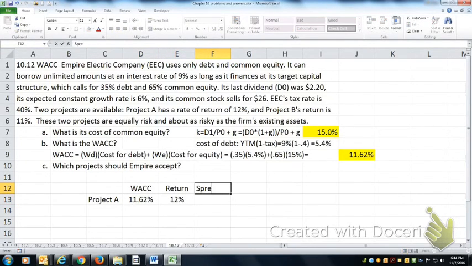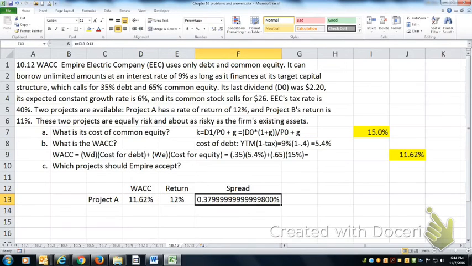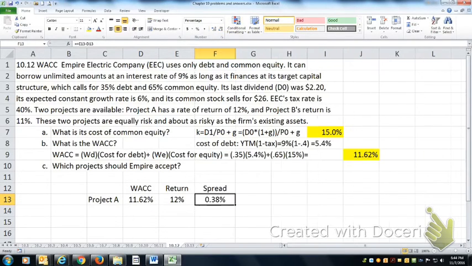So the spread, that's the return in excess of the cost, would be a positive number. And it's positive, so we should keep this one.